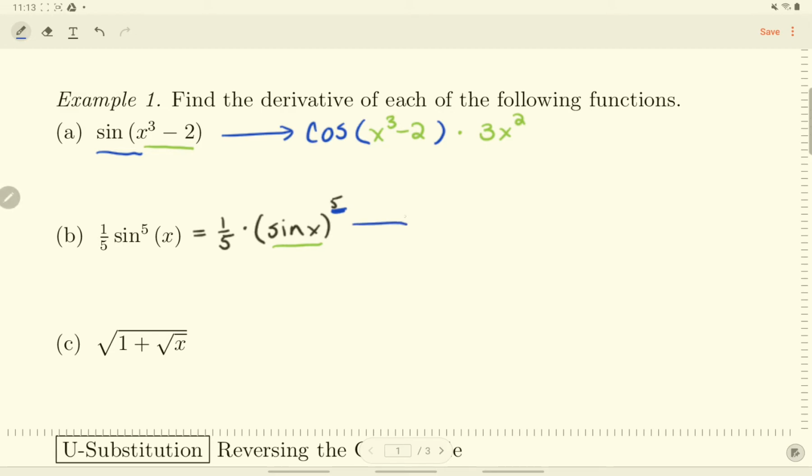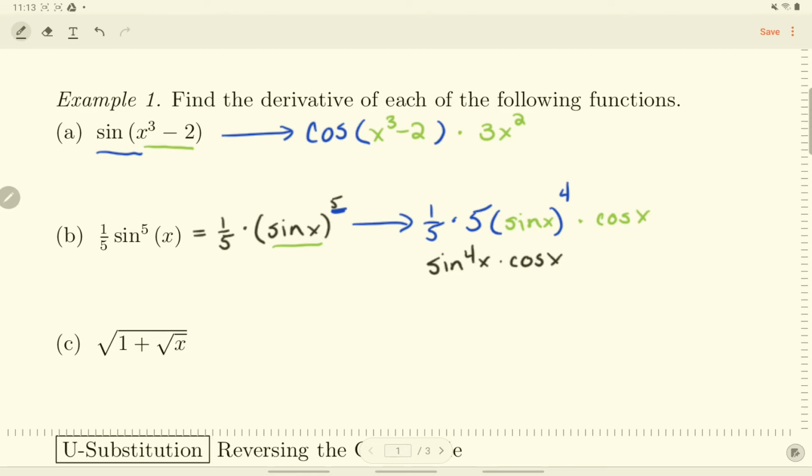Okay, so our derivative, we're going to have 1/5 times, use the power rule on the outside function, 5 times the inside function to the 4th. Remember, inside function stays the same to give me sine of x. Then you multiply it by its derivative, cosine x. We can rewrite this a little cleaner as sine to the 4th x times cosine x.